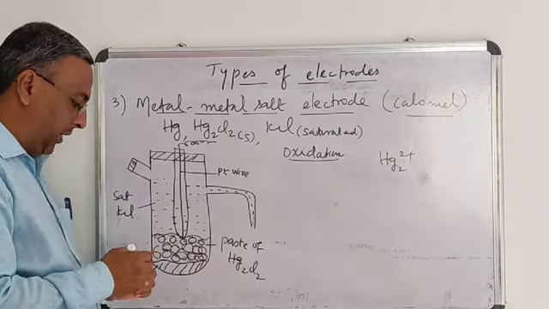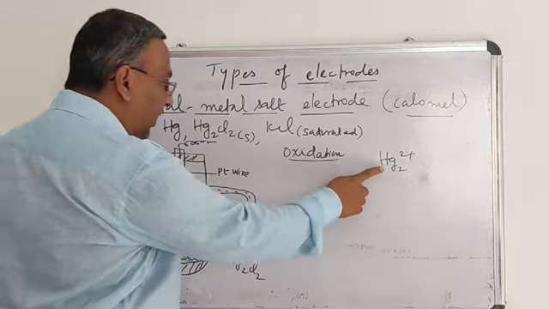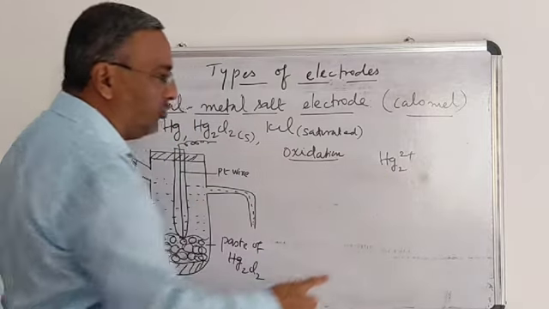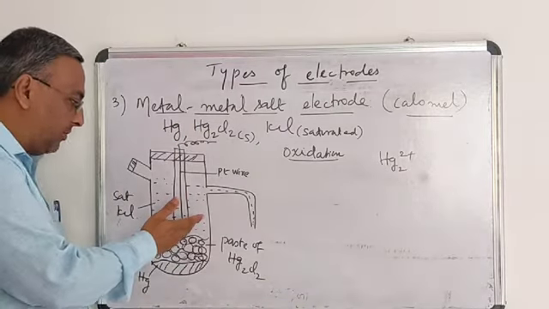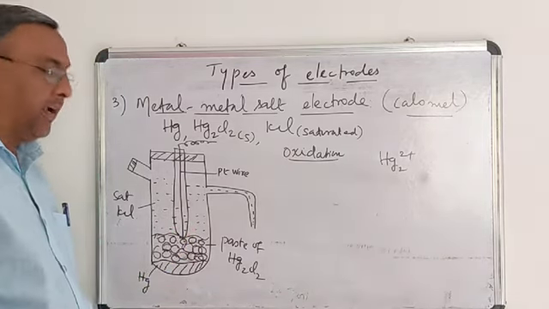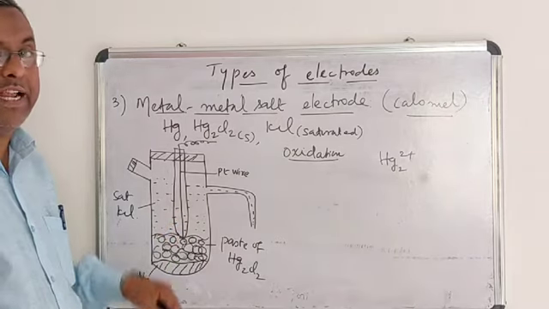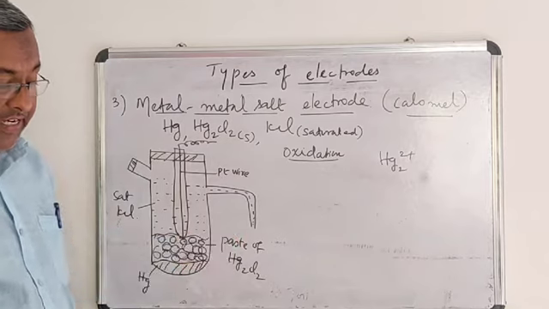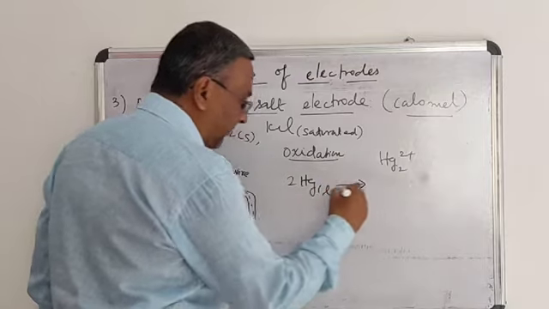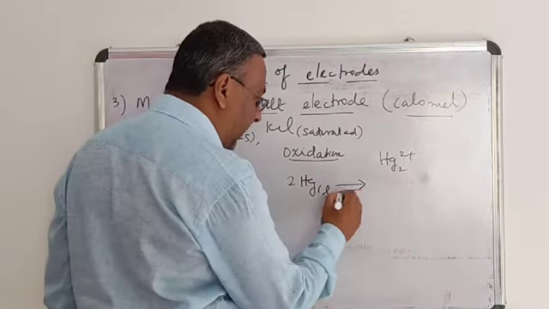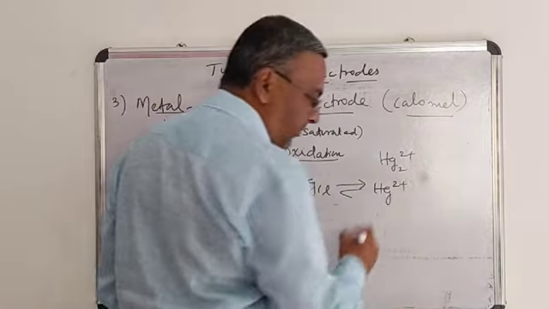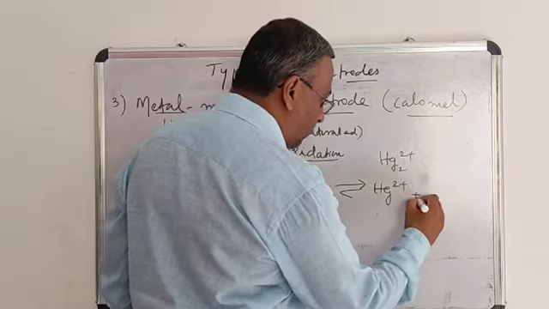Automatically there will be a fall in the concentration of potassium chloride, and this reaction is: first, mercury oxidizes to give Hg2 2+ plus 2 electrons.